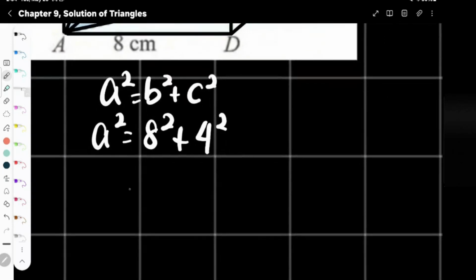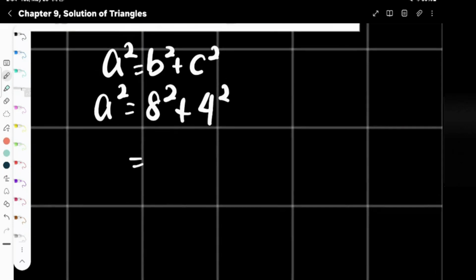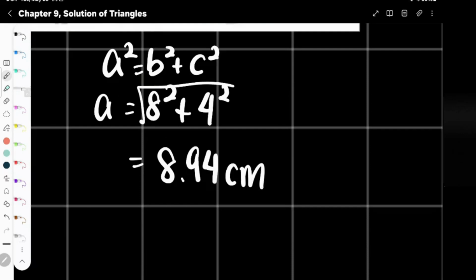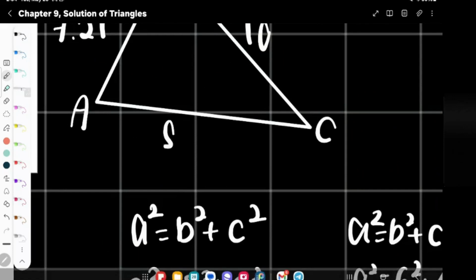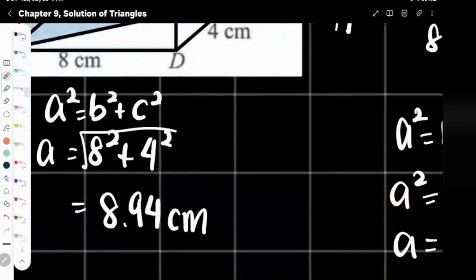And then square root the answer. So the answer will be 8.94 centimeter.